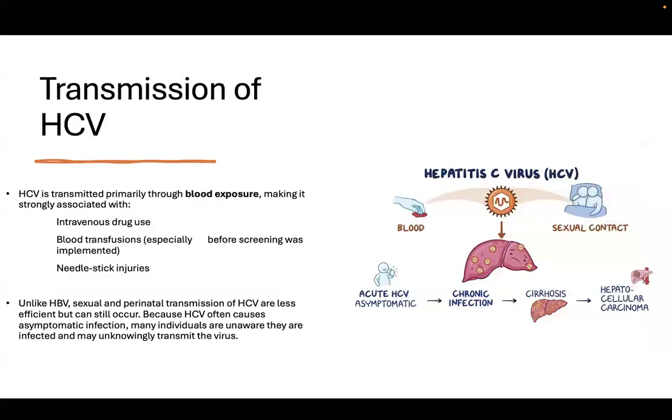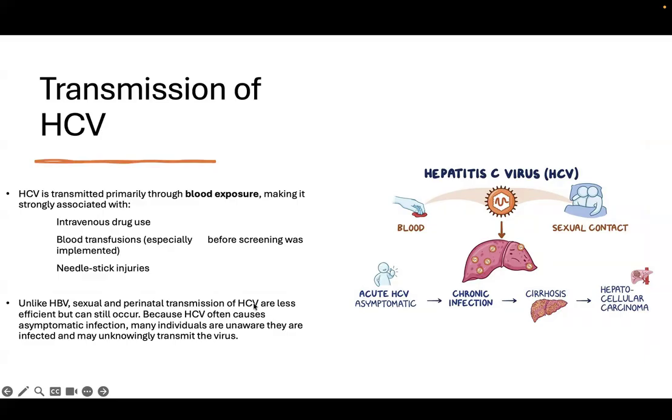The transmission of the hepatitis C virus happens, again, similar to hepatitis B. It's usually through blood exposure. This could be intravenous drug use, blood transfusions, needle stick injuries. It can also happen through sexual and prenatal transmission, but it's less efficient.